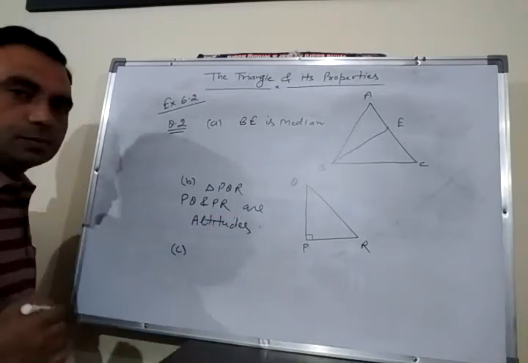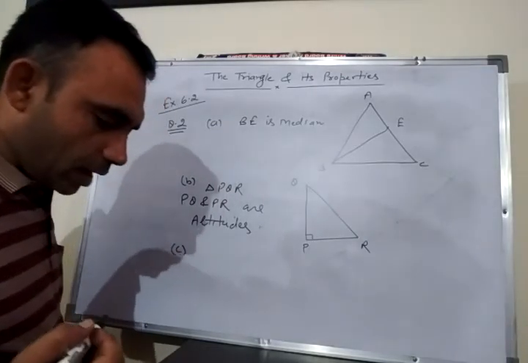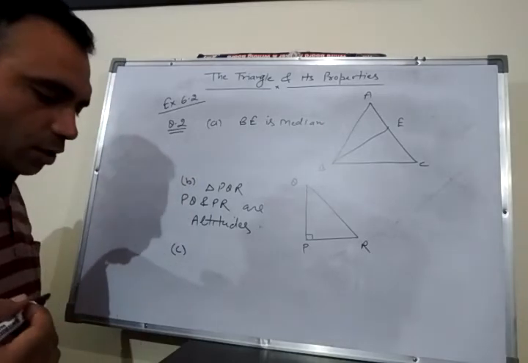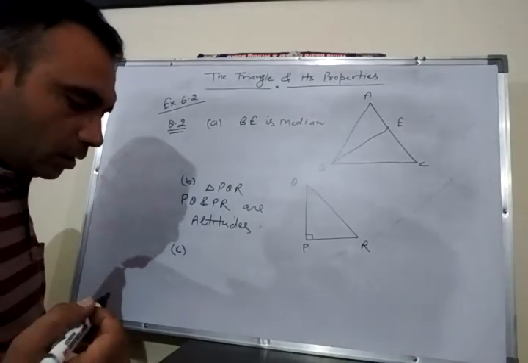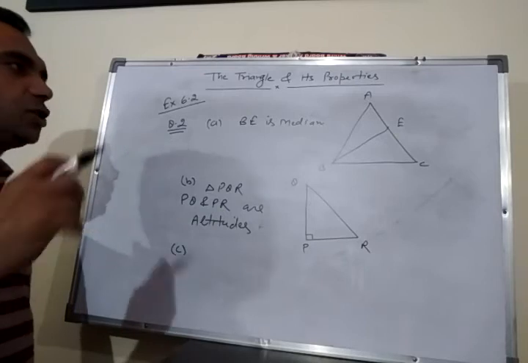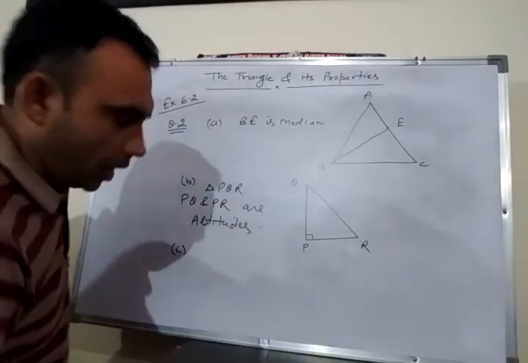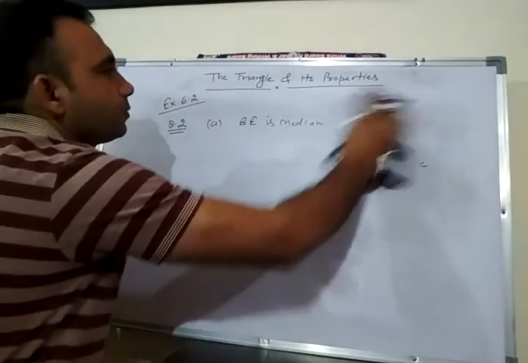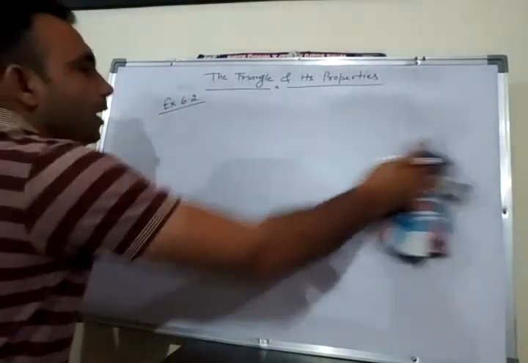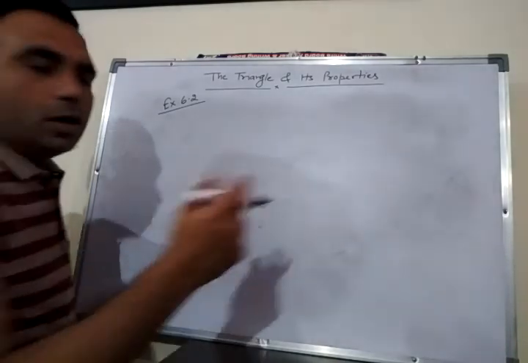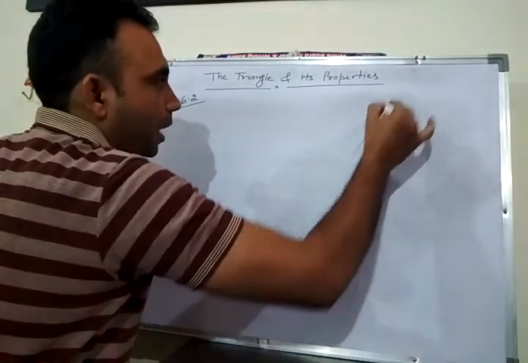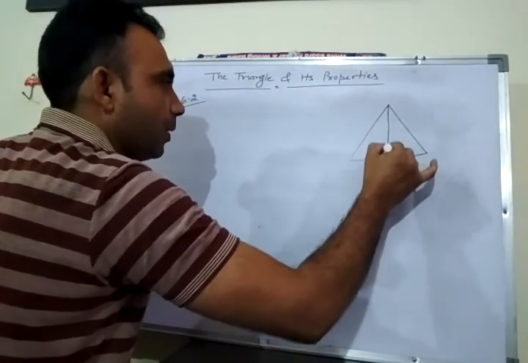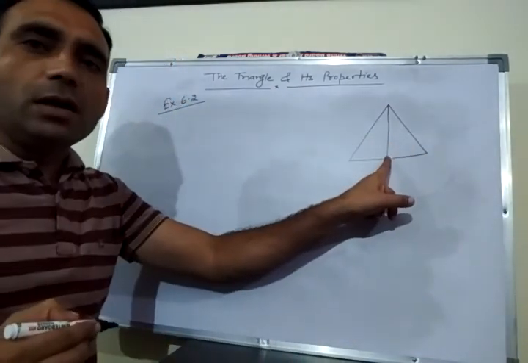And part C. In triangle XYZ, YL is the altitude in the exterior of the triangle. Let me take three types of triangles. If we take an acute angle triangle in which all three angles are acute and we draw its altitude, then the altitude will lie in the triangle.